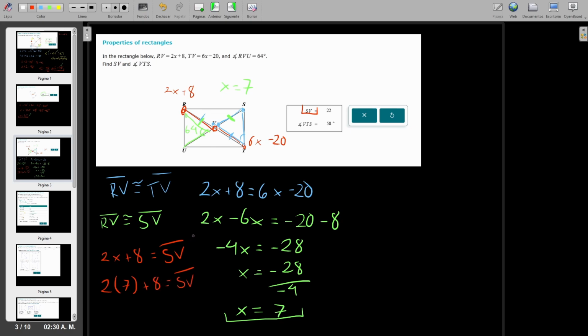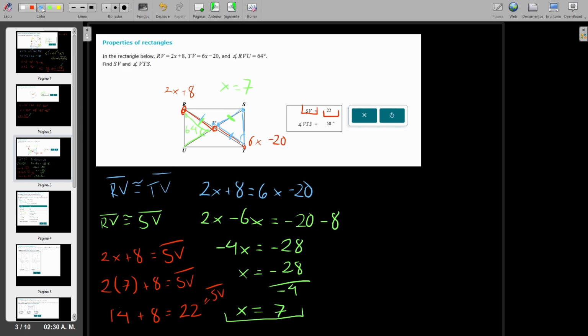How much? 2 times 7 is 14, plus 8 is going to be 22. And this is the value of SB. Okay? This is how we find SB equals 22.